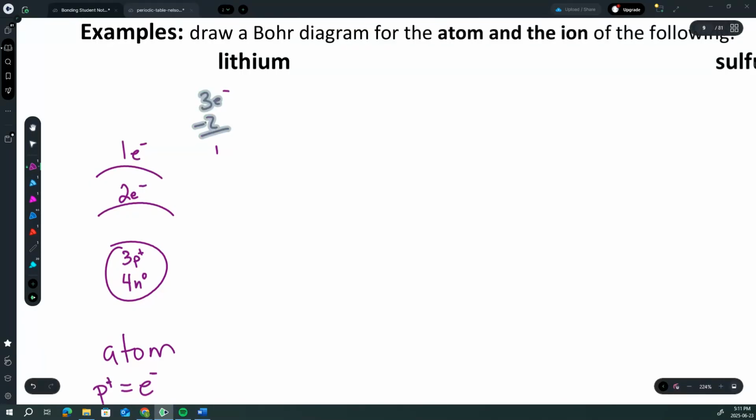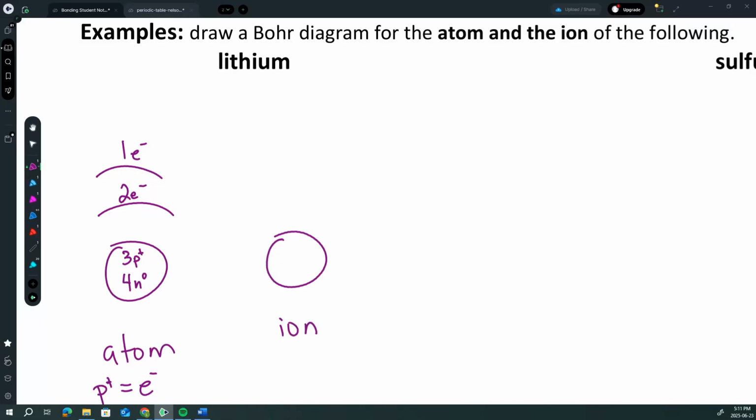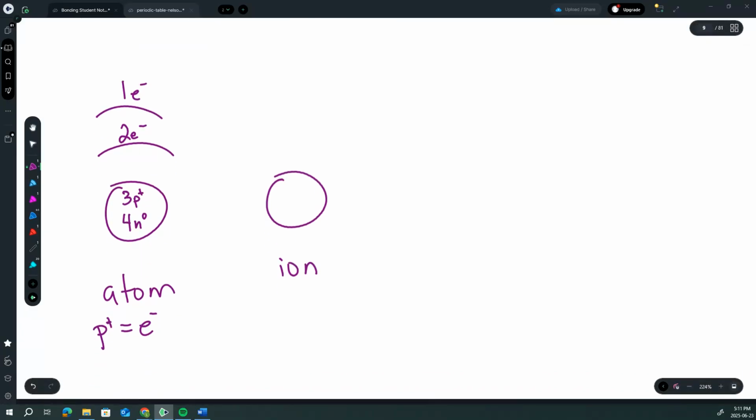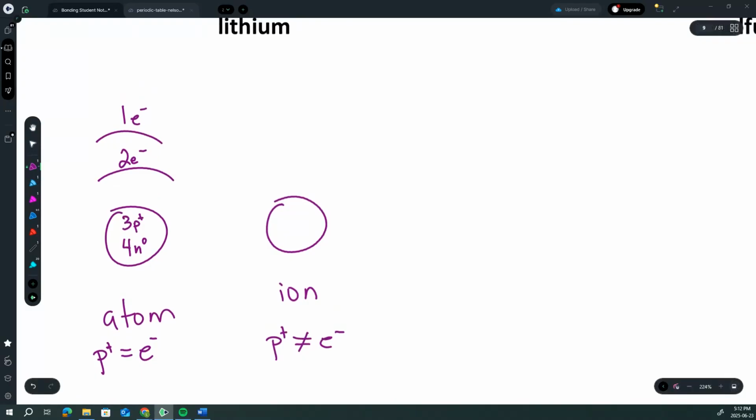Now, with our lithium ion, the protons and the neutrons are going to stay the same. It's only the number of electrons that are going to change for an ion, and also for ions, the amount of protons is not equal to the amount of electrons.